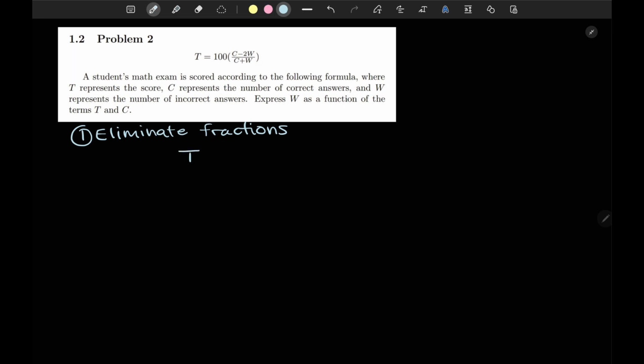So let's just rewrite this whole equation here, and we know that the 100 in front of this fraction is the same thing as the 100 just being in the numerator. And to eliminate the fraction, we're going to multiply both sides by the denominator.